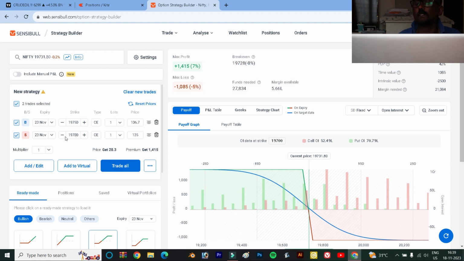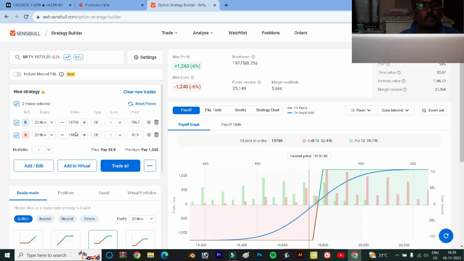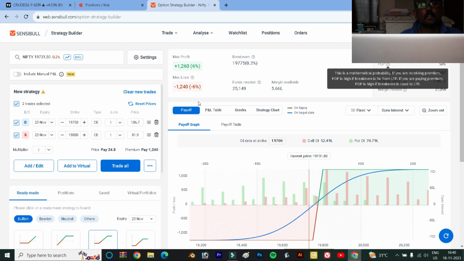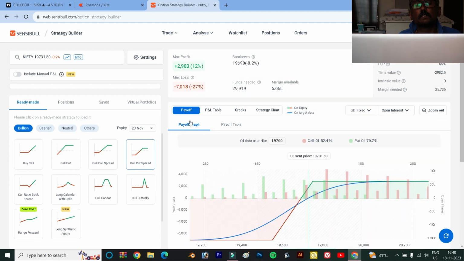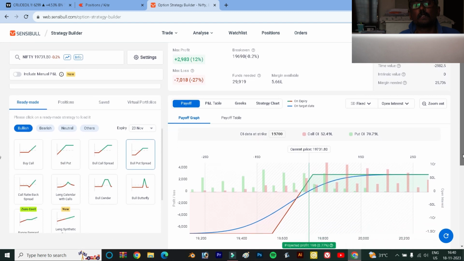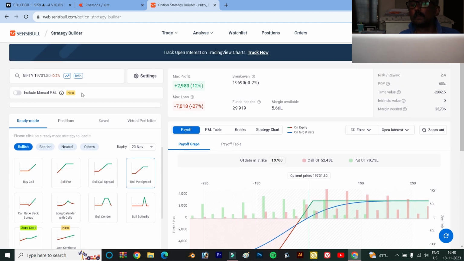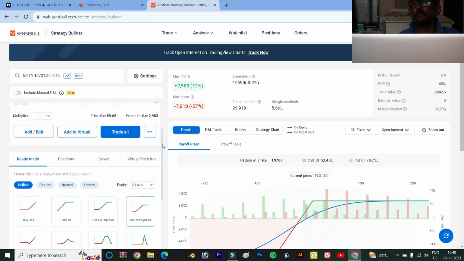If I put this at 9750 and then reduce the strike price to 9700, here we cannot do like this because now only up to 9800. Okay, so if you do this, we will go into the bull put spread. This is the maximum profit, this is the maximum loss, and this is the probability of profit for this.